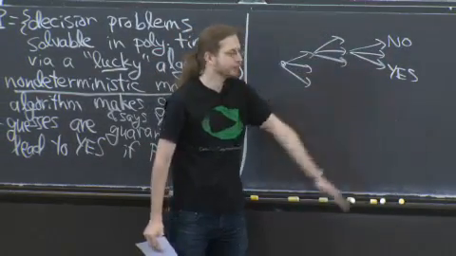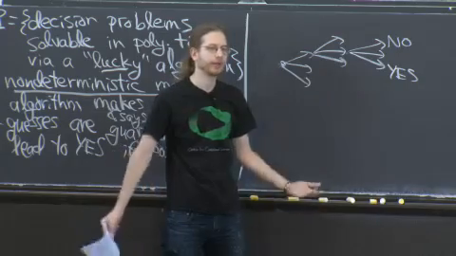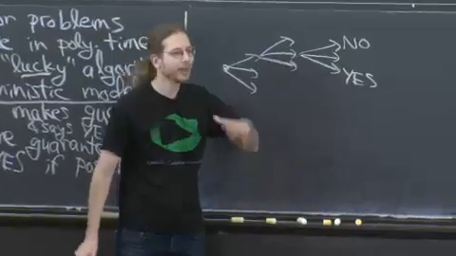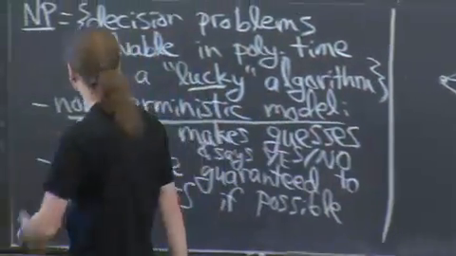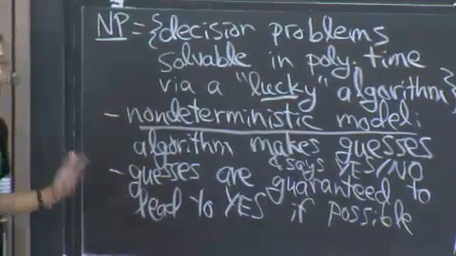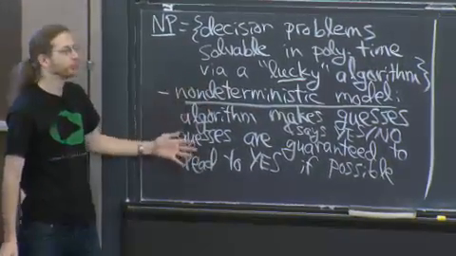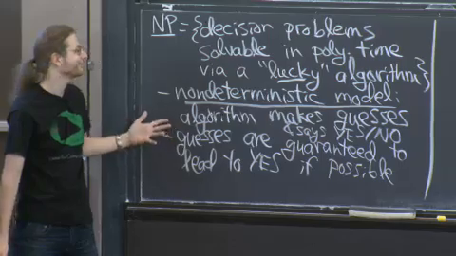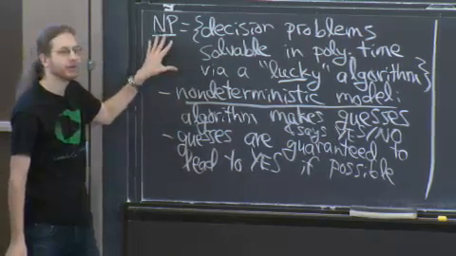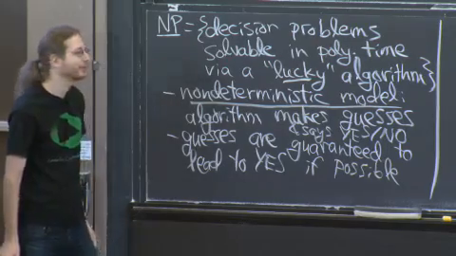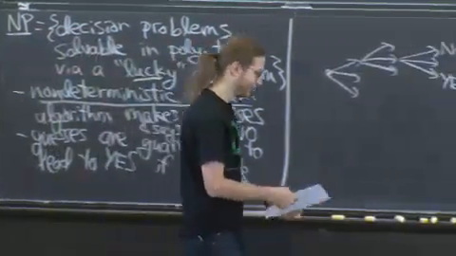If all of the answers are no, then of course it doesn't matter what choices you make, you will output no. But if there's ever a yes, magically these guesses find it. This is the sense of lucky. If you're trying to find a yes, that's your goal in life, then this corresponds to luck. And NP is the class of all problems solvable in polynomial time by a really lucky algorithm. Crazy, I know.